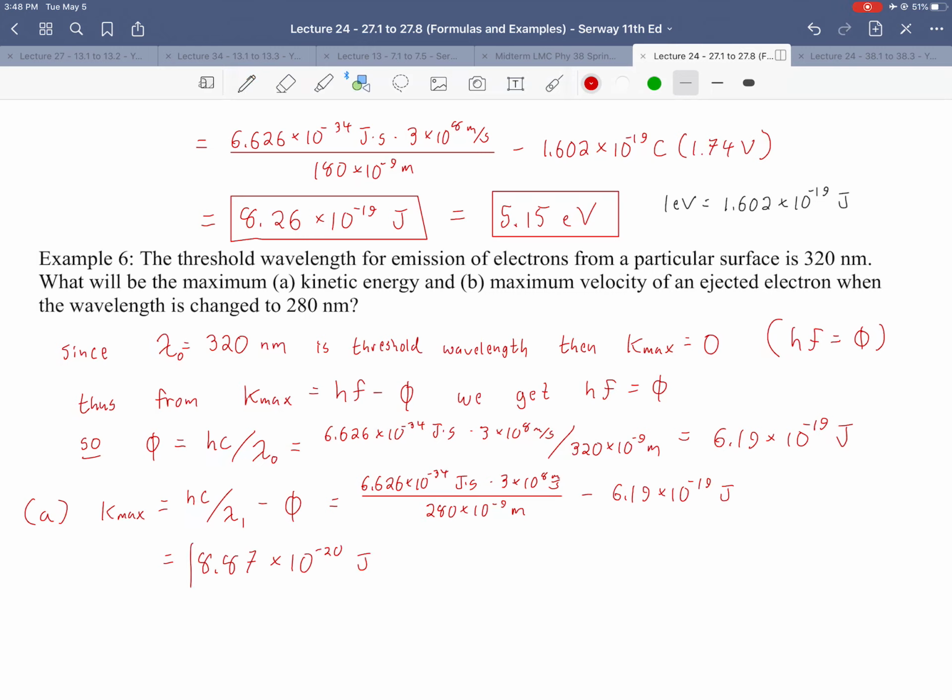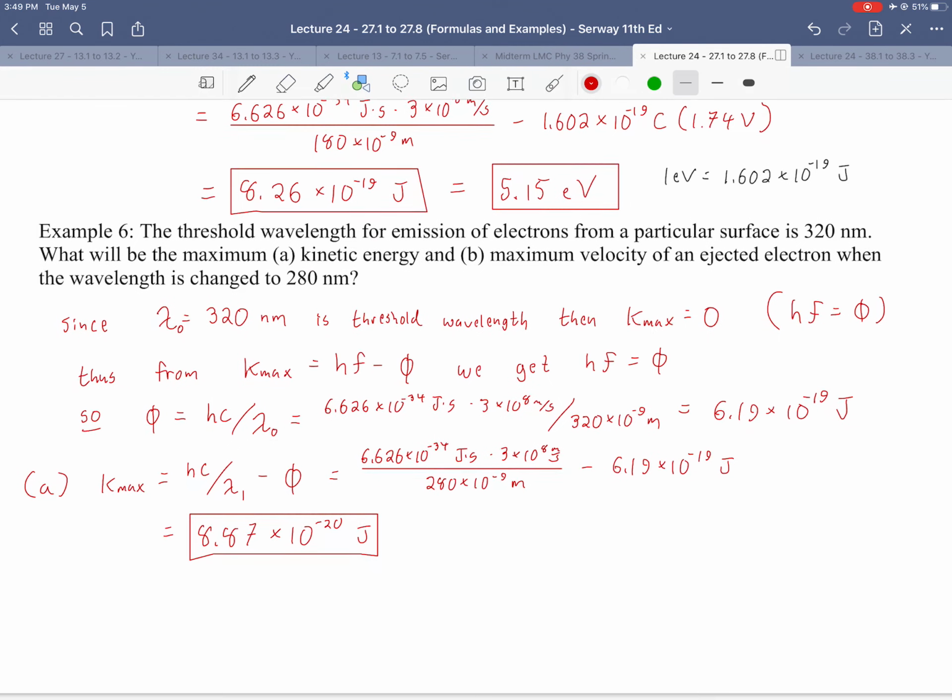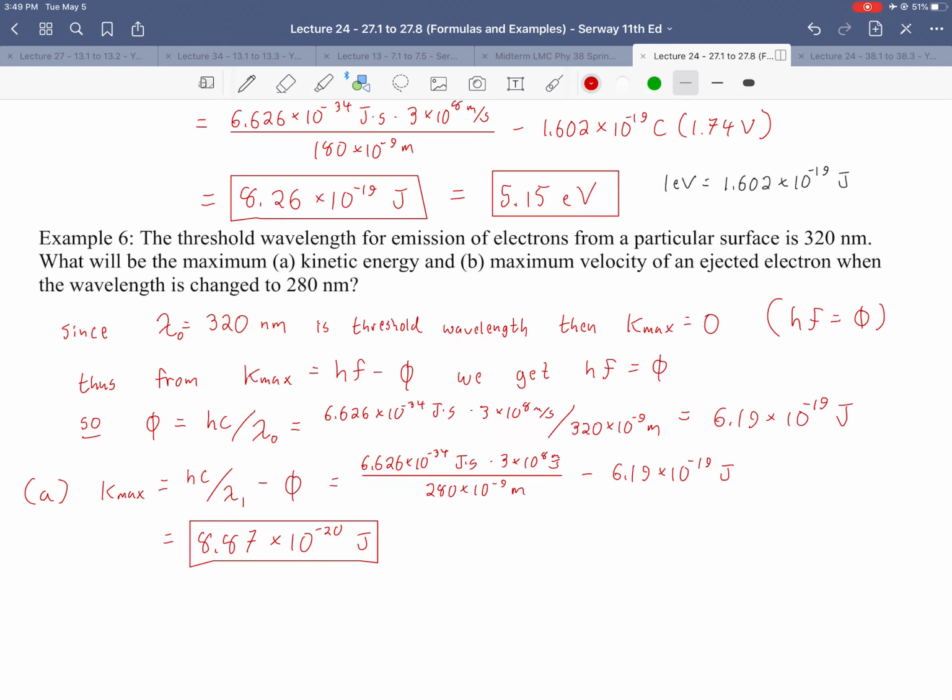That's how much kinetic energy the most energetic electron, the one that was smashed into in a direct hit by a photon, would have. Not a lot of energy, but remember, this is an electron. How fast is it going? Well, we can find its maximum velocity by simply relating K to its form, 1/2 mv squared.